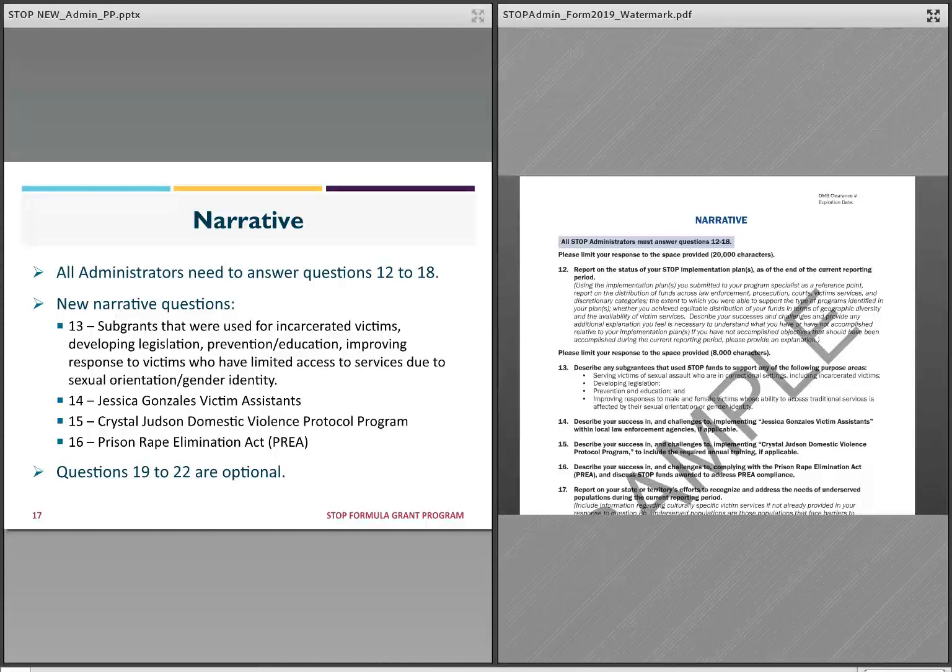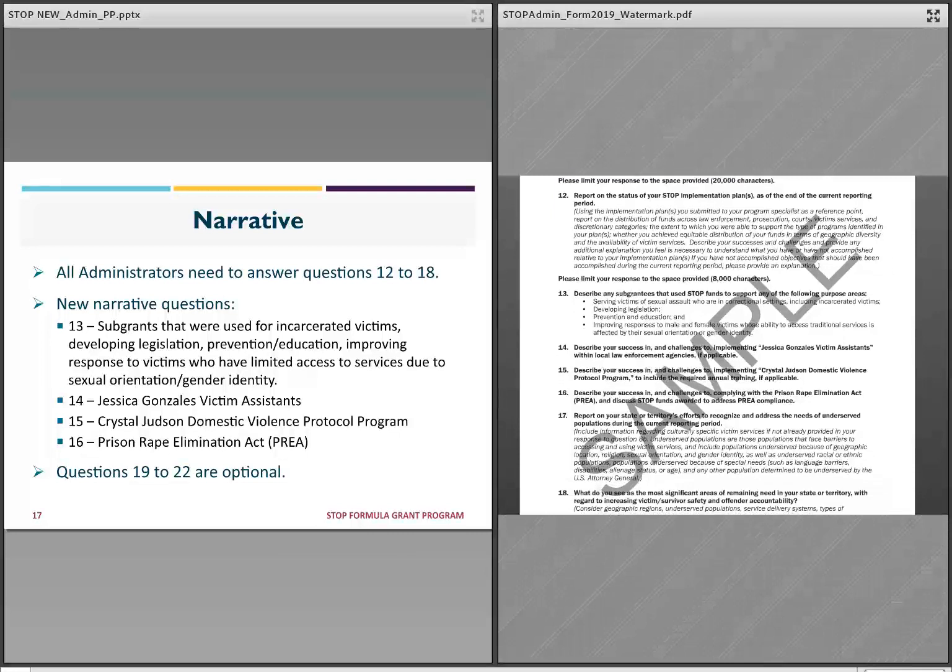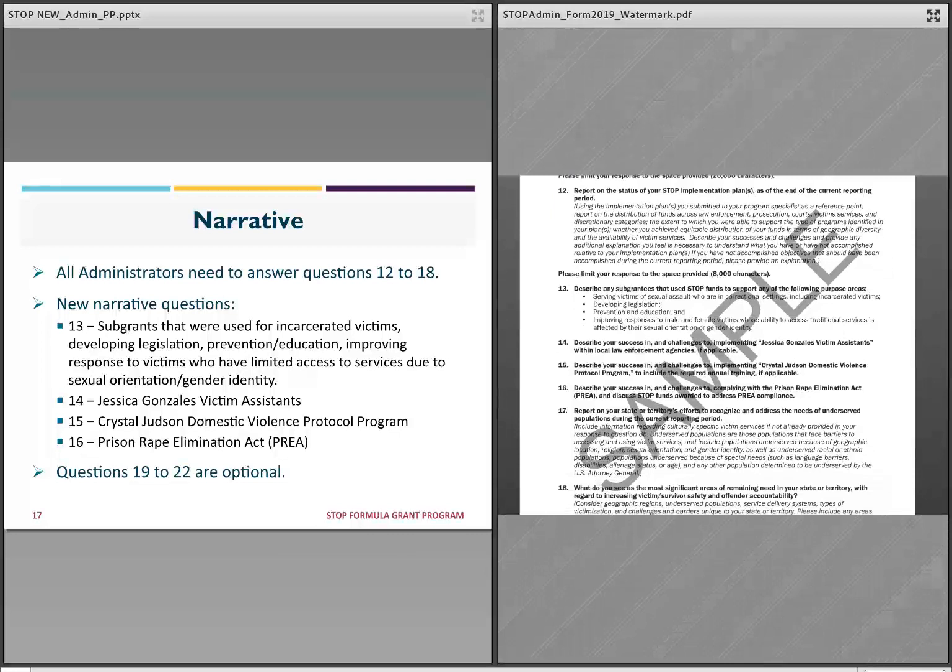All administrators need to answer questions 12 through 18 on every single administrator's progress report that you submit. Among these narrative questions are a handful of new narrative questions as of 2019. They are all specifically asking about set-asides and special subgrant focuses.